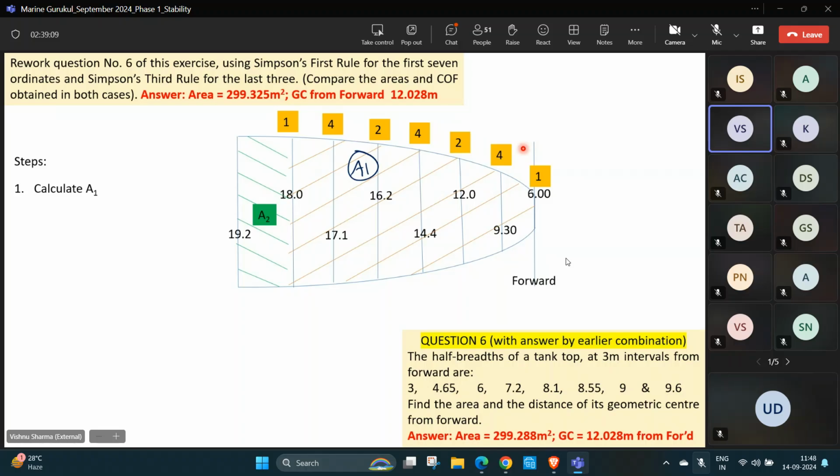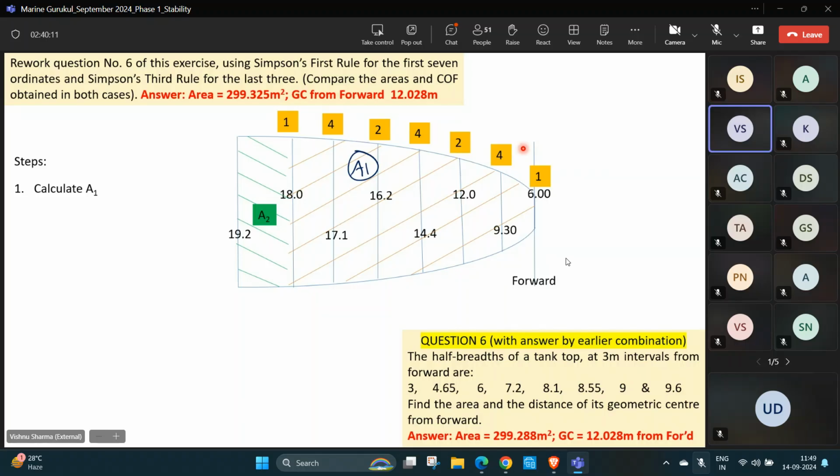I have the answers for the steps, so you can keep completing it. Don't leave it. Calculate A1.